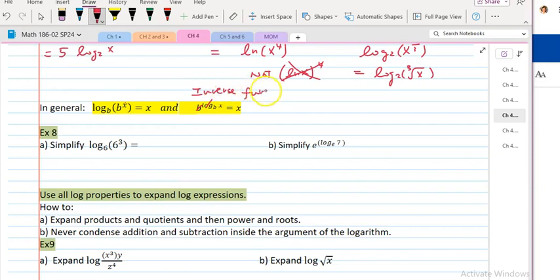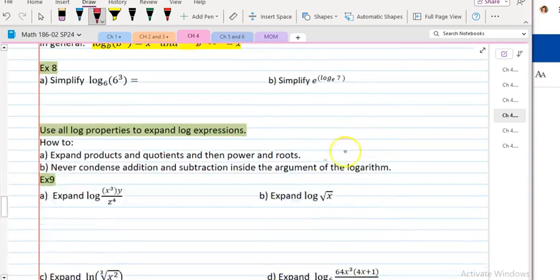If you do an exponent and then a log, they cancel each other, because of the log property. This is useful for simplifying log expressions. If someone gives you log base 6 of 6 to the 3, then you say, oh, these cancel, or you can say it moves out. And if someone says e to the ln 7, it also cancels and equals 7.